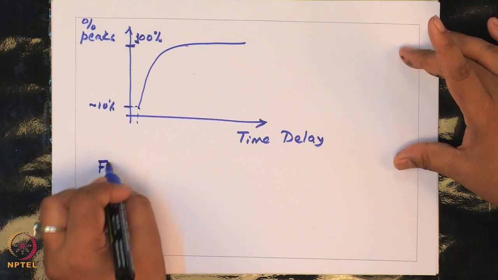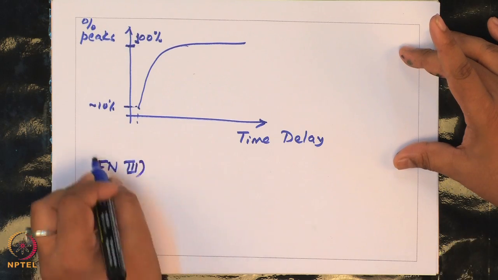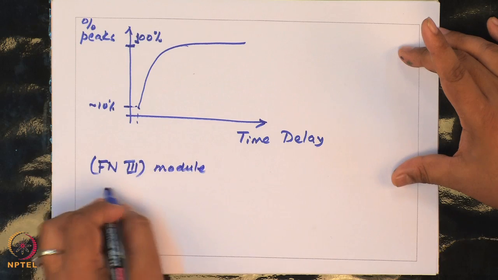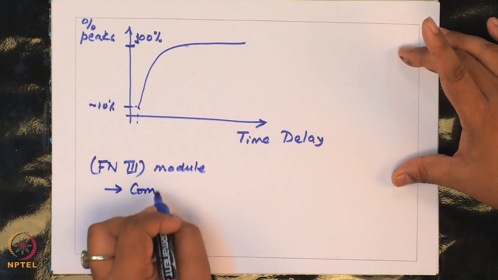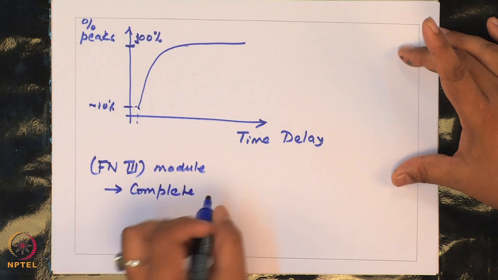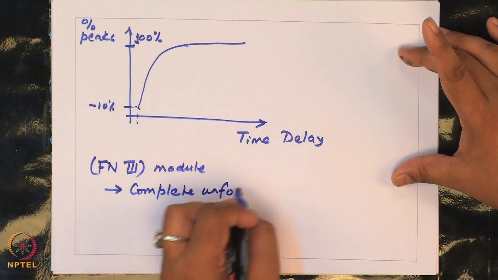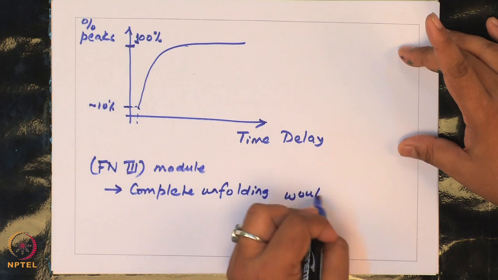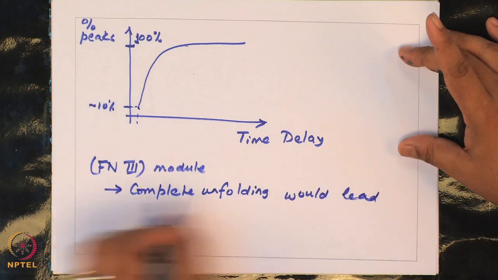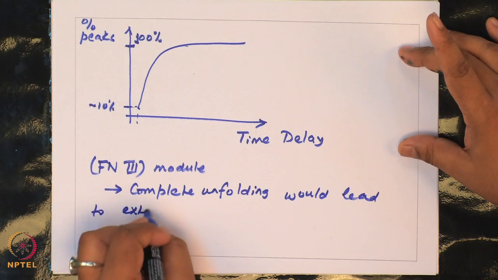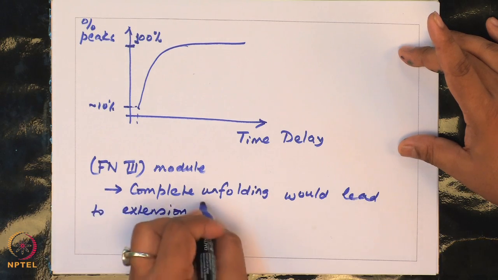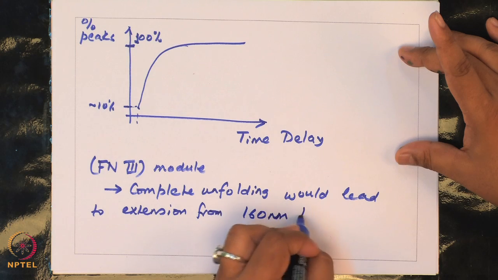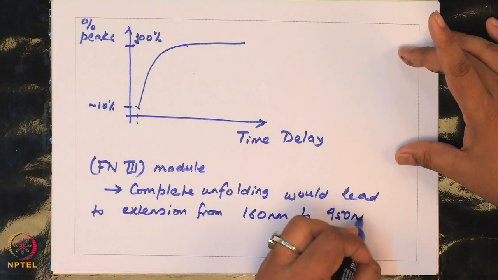What you see overall is that for the FN3 domain module, complete unfolding would lead to extension from 160 nanometers to 950 nanometers.